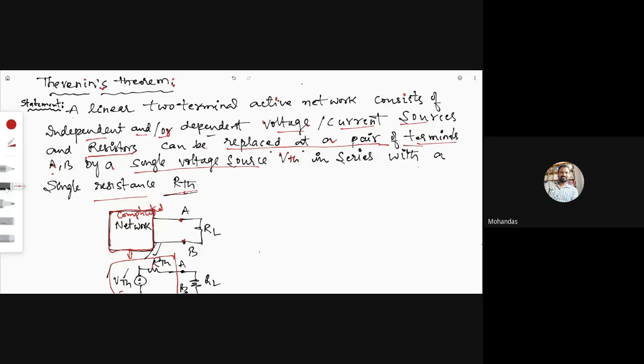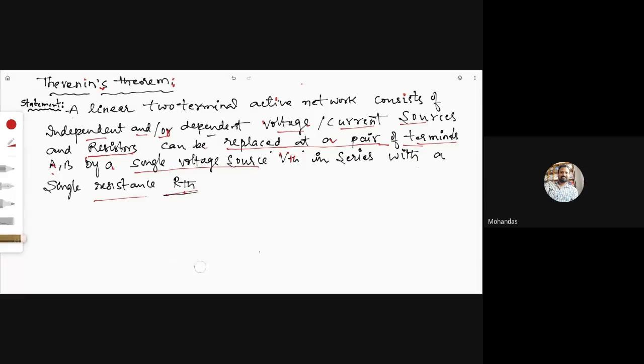Later, you draw this circuit. I will redraw this one because here it is not completely visible. All of you write this statement.